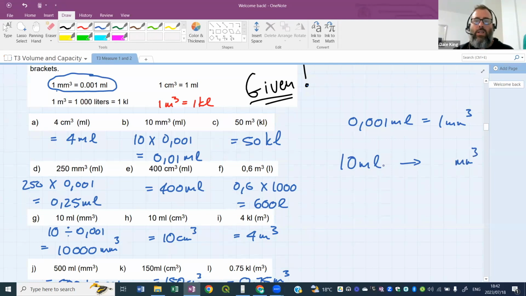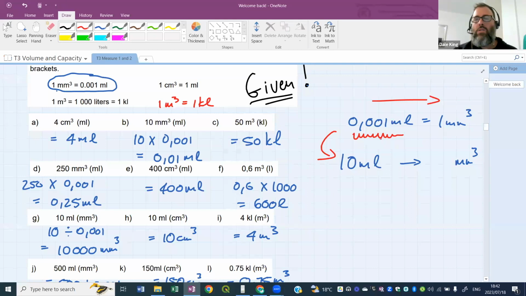So in this case, I'm looking in this direction now, and I'm saying to myself, every one of these teeny tiny little pieces gives me 1 millimeter cubed. How many of these teeny tiny pieces do I have in here? I've got to find out how many of these little pieces I have in here. So I'm going to chop this 10 milliliters up into 0.001 pieces, and every one of them is a millimeter cubed. So that's why I used division there. So I chopped that up.